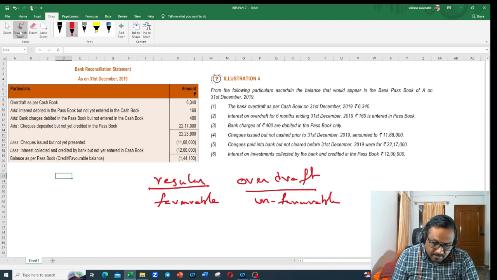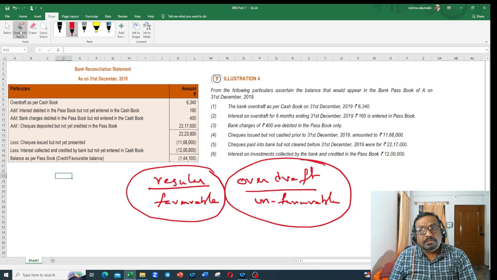Don't forget, I wanted to give this clarity in this problem because there are some problems. They might say favorable balance as per cash book. What do you mean by favorable balance as per cash book? That means you have a cash balance in the bank. There are cases where they will say unfavorable balance as per cash book.